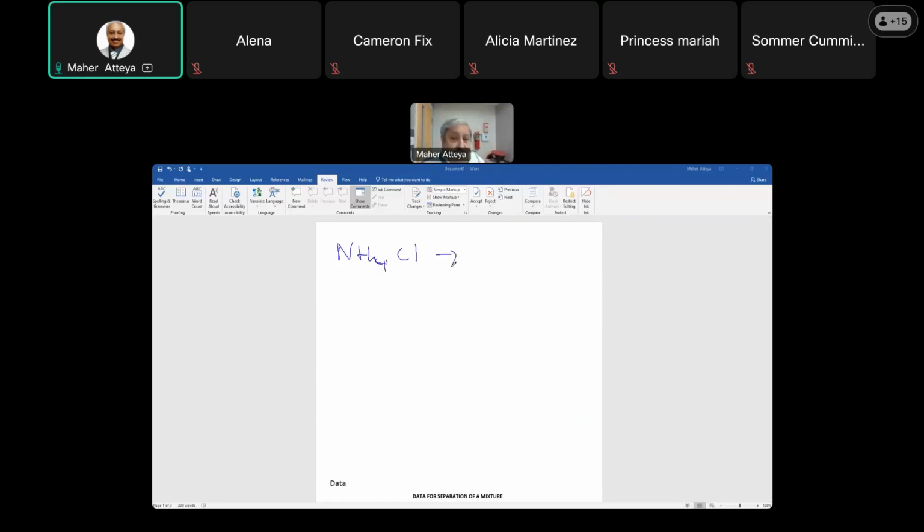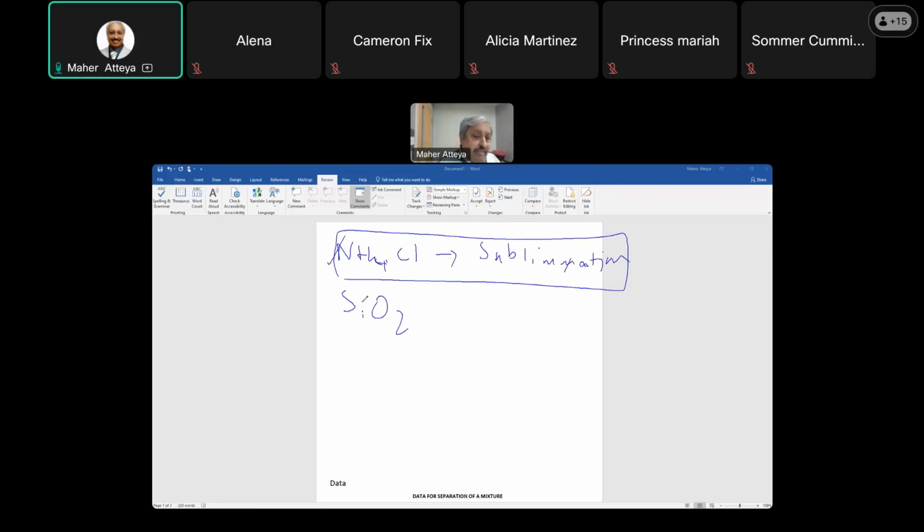So this one will use its sublimation feature, sublimation. So sublimation, physical property, okay? Sublimation as a physical property. The sand, then we separate this one by itself first, out. Then we'll come to the sand plus sodium chloride.